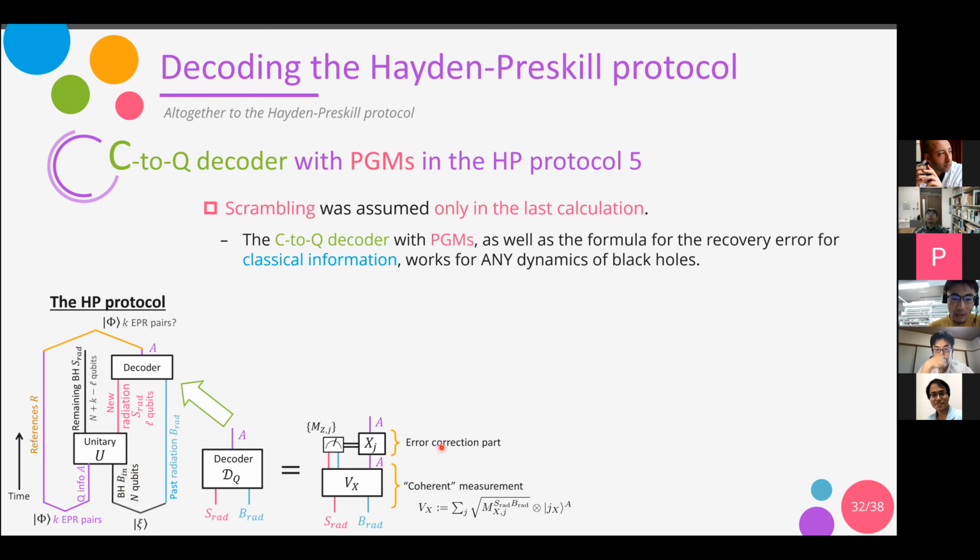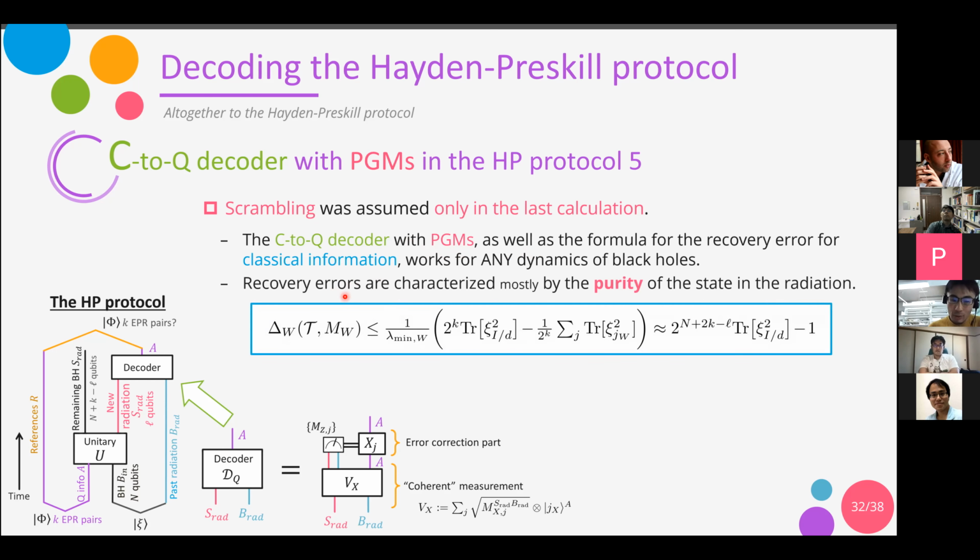So this is basically everything that we have proved, but let me add one more comment. We assumed scrambling dynamics only in the last calculation. So the C2Q decoder with pretty good measurement, as well as the formula for recovery error of classical information, works for any dynamics of black holes. Or in general, if we have any noisy quantum channel, these two things work as well.